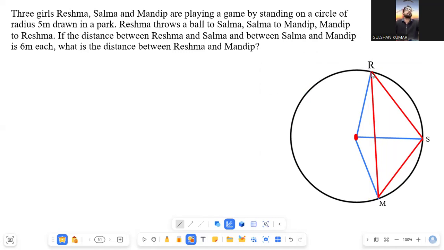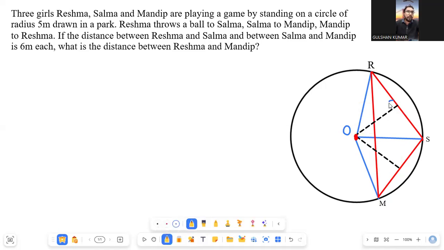Now there is a bit of construction here. This one is O, and we have to construct a perpendicular bisector to the base RS and also to the base SM.